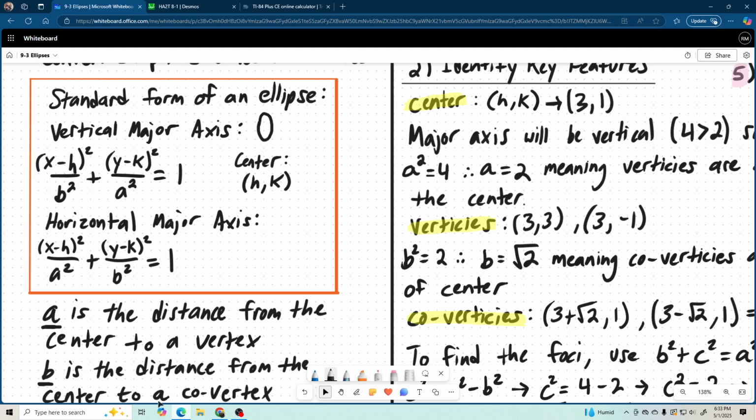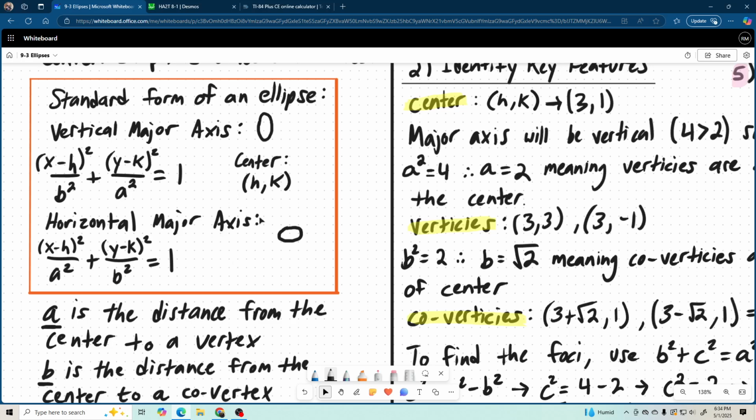And you'll notice that in our formula, we have (x minus h) squared plus (y minus k) squared, but under the x minus h, we have b squared, and under the y minus k, we have a squared. And this is because a shows us which one of these is the major axis. You'll notice that under a horizontal major axis, the a squared is under the x, which means that this is going to be wider than it is tall. So it'll look a little bit more like this, which is what we had in the picture before.